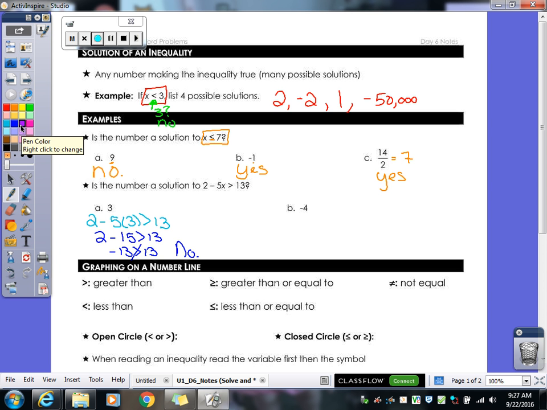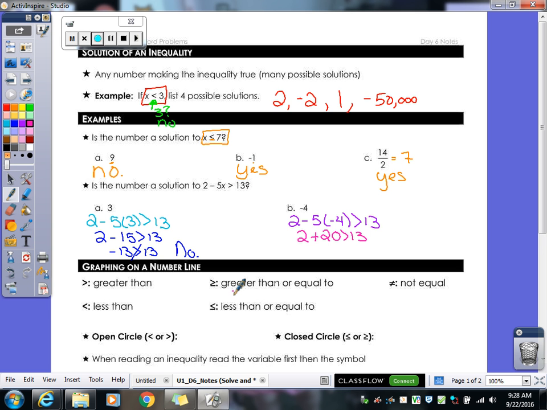Let's try the negative 4. 2 minus 5 times negative 4. We're going to see if that's greater than 13. So what's negative 5 times 4? Isn't that what I said? Oh, my bad.